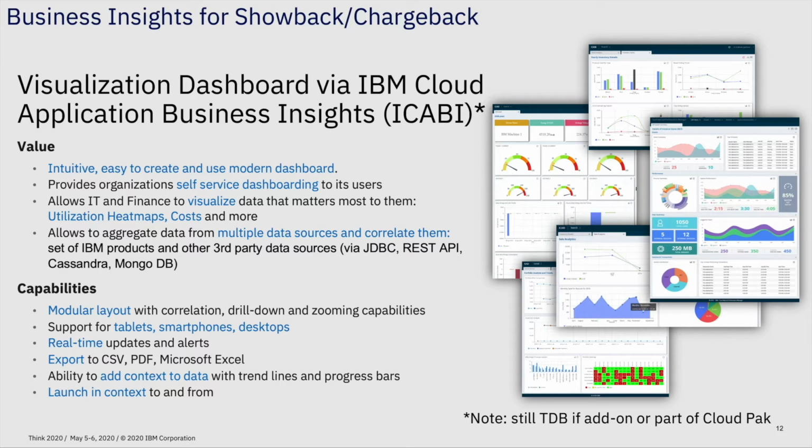And it also allows you to aggregate data from multiple data sources and correlate them. The ICABI product is already provided with a set of connectors with IBM products and other third-party data sources. And the data coming from those data sources can of course be correlated and aggregated together with the showback and chargeback capabilities of the Cloud Pak itself.